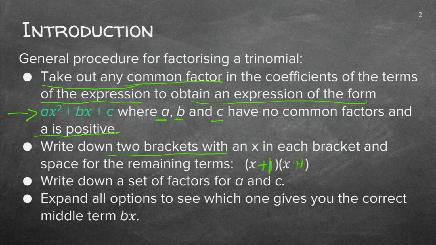So the factors that we look for are factors of the first term and factors of the last term. a is the first term, c is always the last term. And expand all options to see which one gives you the correct middle term, bx. So the middle term is bx.